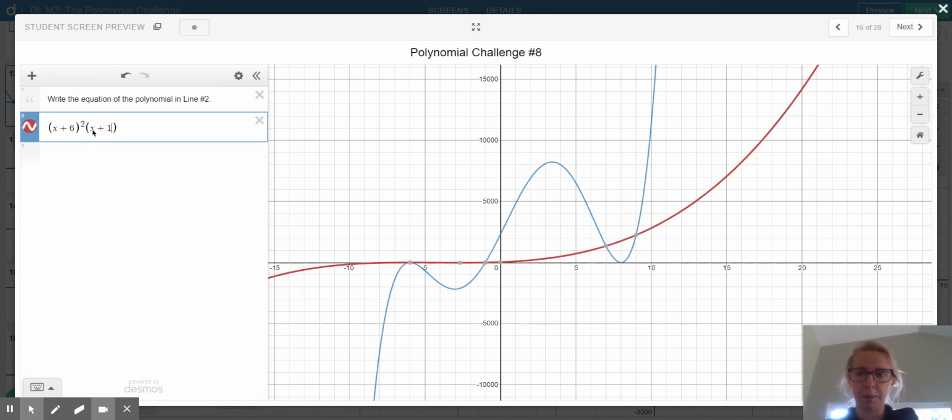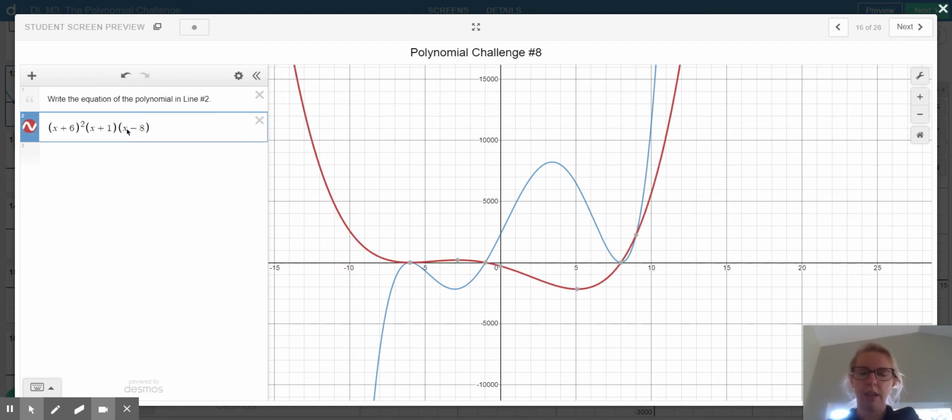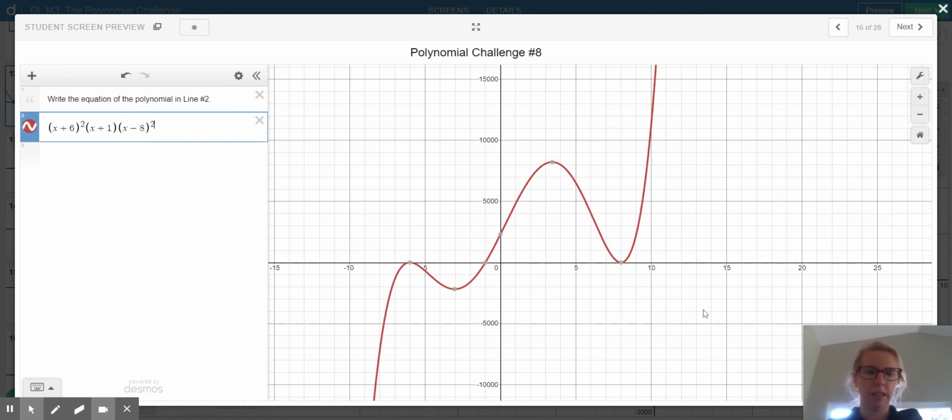That one is not a double root, so it's just going to stay like that. And then our last bounce point over here is also a double, so that's going to be x minus 8 squared. Double it up because it is a bounce point or a double root. Okay, so that takes care of our 1, 2 roots from here, 3, 4, 5 different zeros. So this is a degree 5 polynomial.